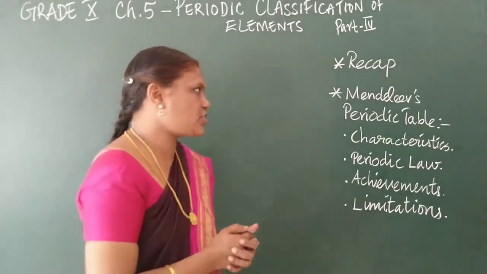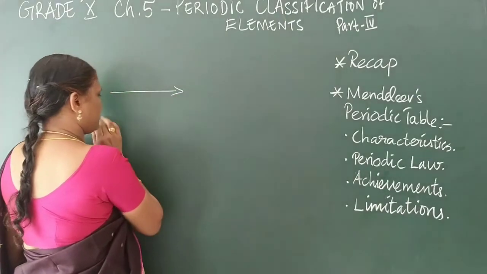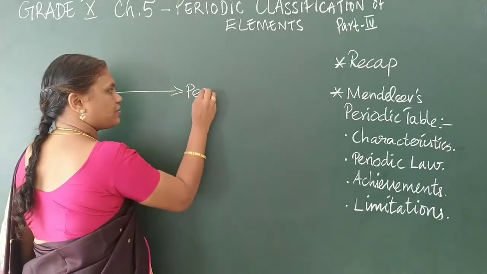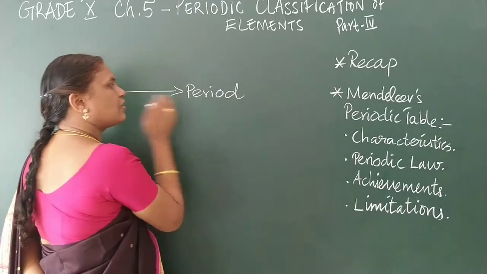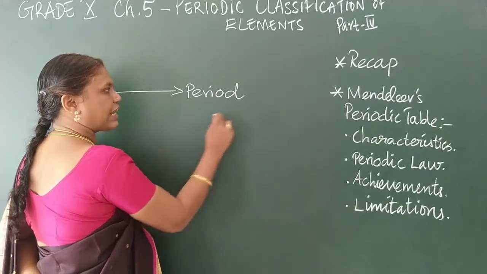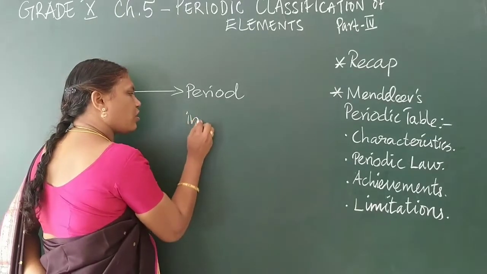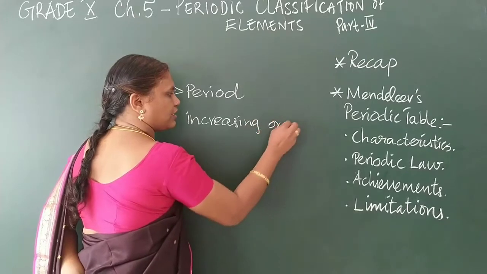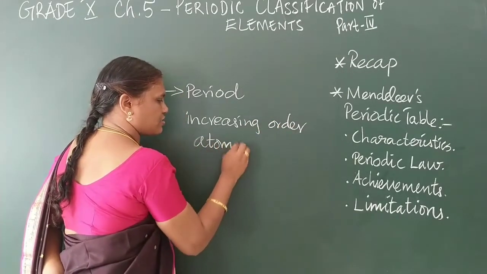So he has arranged the elements from left to right, this is called a period, and in this period he has arranged the elements in the increasing order of atomic mass.